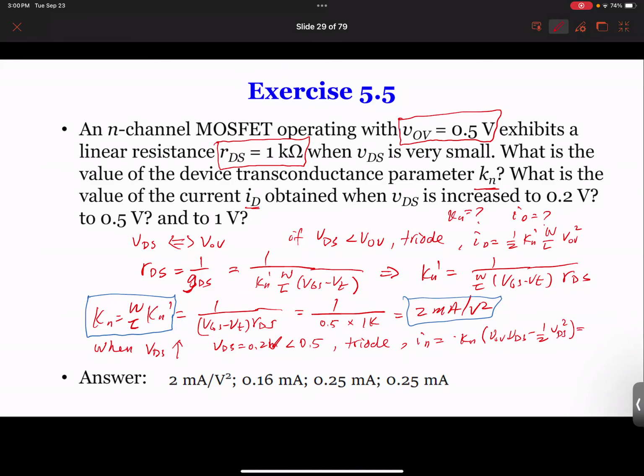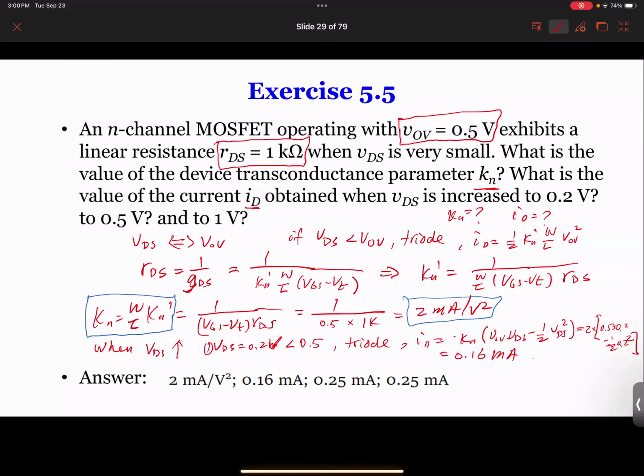So we plug in Kn, which is 2, and VOV is 0.5 times VDS, which is 0.2, then minus 1/2 times 0.2 squared. You plug in all these numbers, you will get 1.6 milliamps.